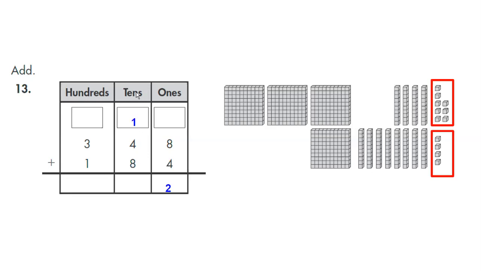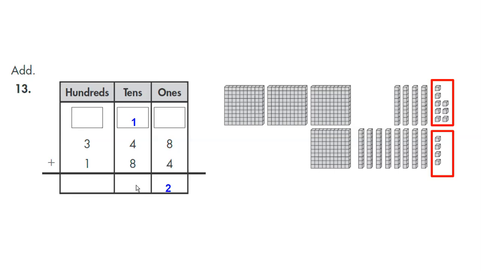Okay, now I can add my tens. So 1 ten plus 4 tens plus 8 tens. Well, I just did the flip-flop of 4 plus 8, right? If I know that 4 plus 8 equals 12, 1 more equals 13. Can I put 13 in the tens column? It's too big, it's bigger than 9, so I have to regroup.